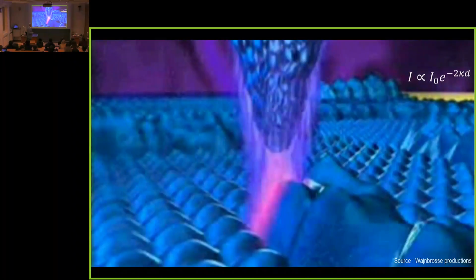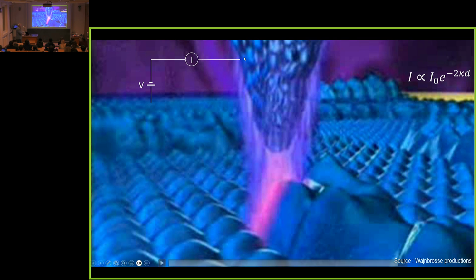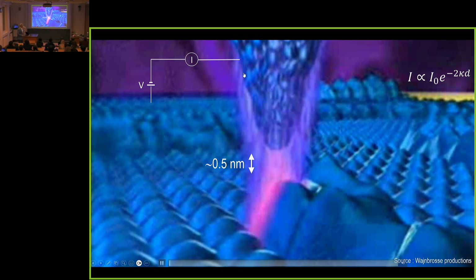And here just a short movie to visualize exactly what is done. So you have a sample surface. You have your tip that you bring really close, and once you are close enough, as I said, this is typically 5 angstroms, you apply a bias between these two and you measure the current, and then you scan.